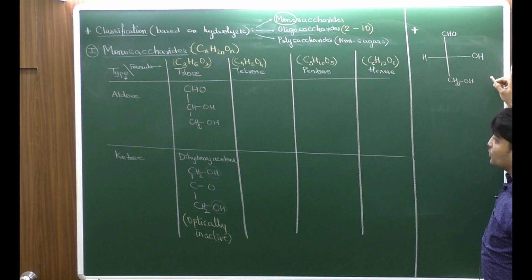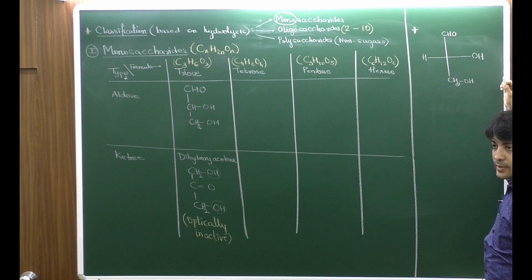Its mirror image would be non-superimposable, and if this is dextro, the other would be levo. Dextro is indicated by a small d, levo is indicated by a small l. And the difference in these isomers is the property towards PPL, plain polarized light.